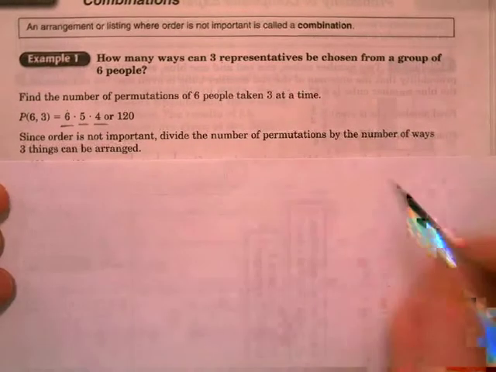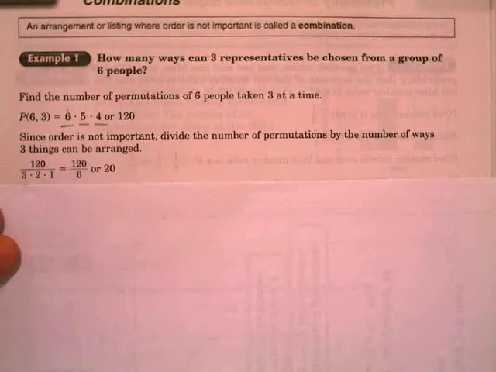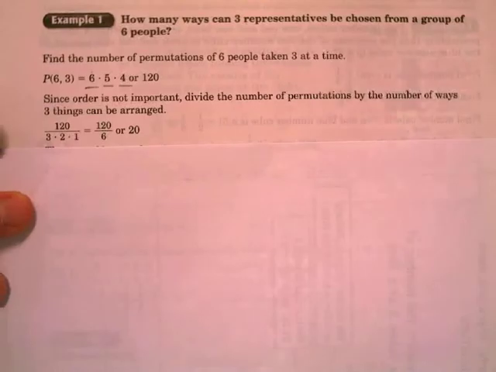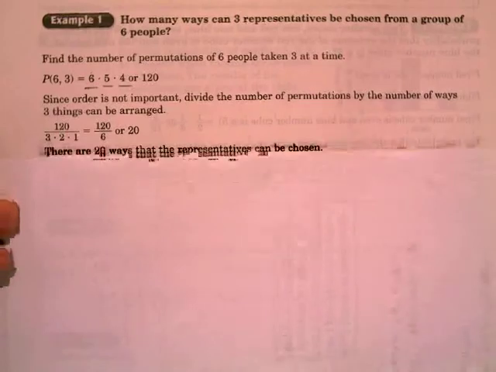And since order is not important, we have to divide the number of permutations by the number of ways that 3 things can be arranged. So we take 120 and divide it by 3 times 2 times 1, which is the same as 120 divided by 6, which is equal to 20. There are 20 ways that the representatives can be chosen.